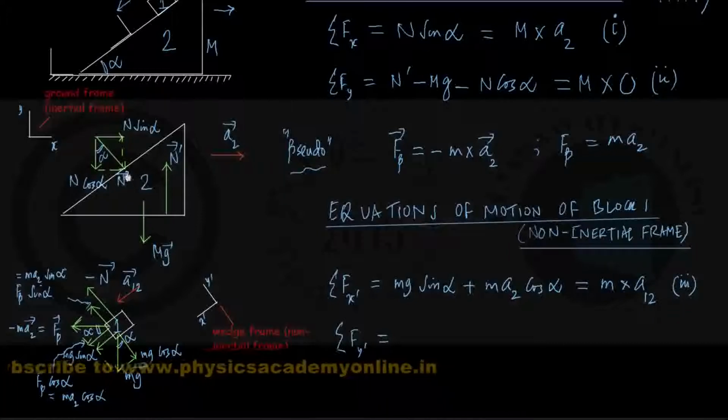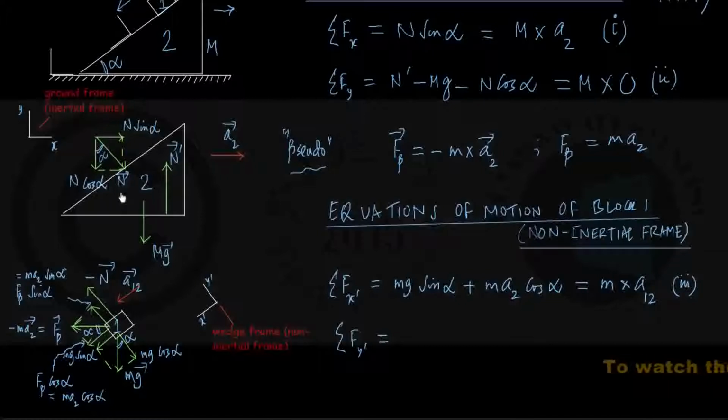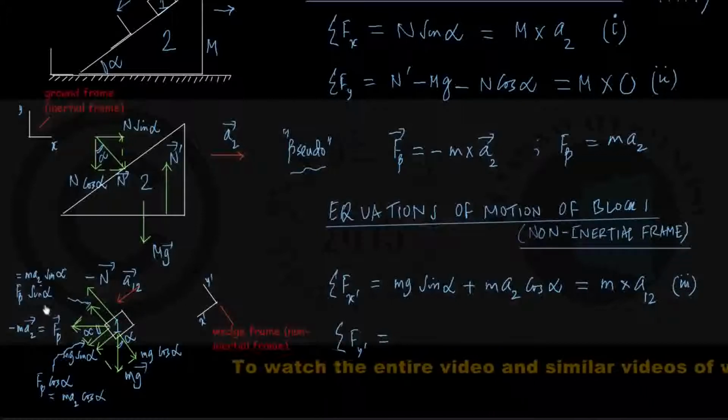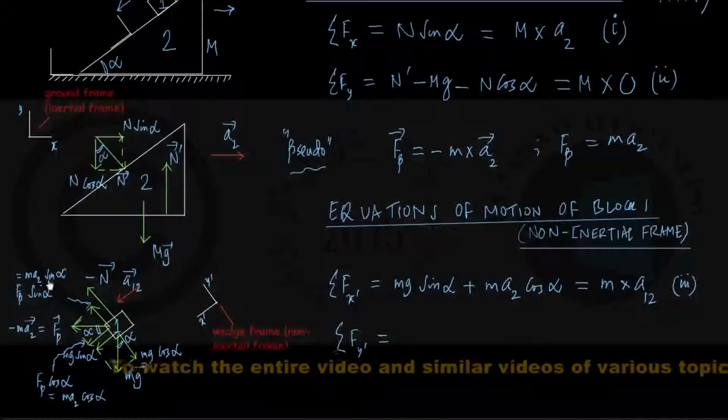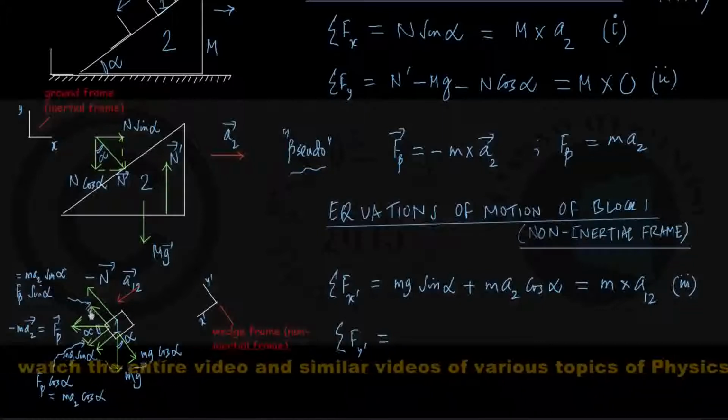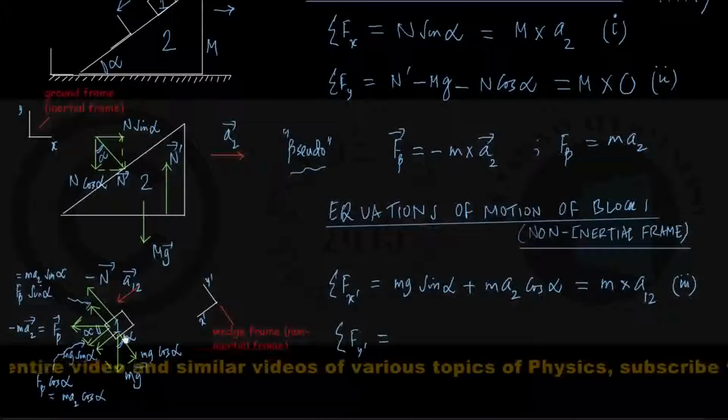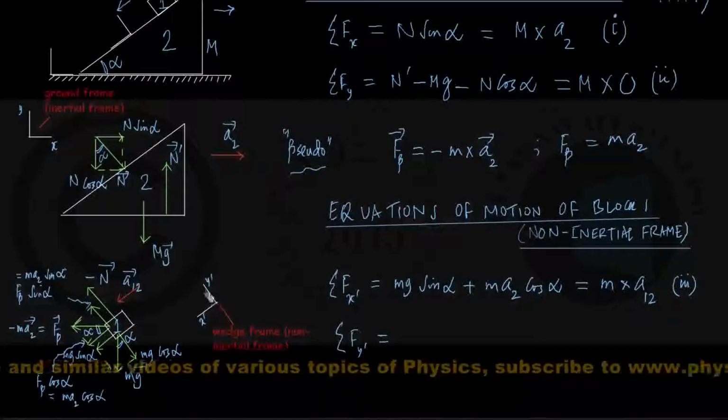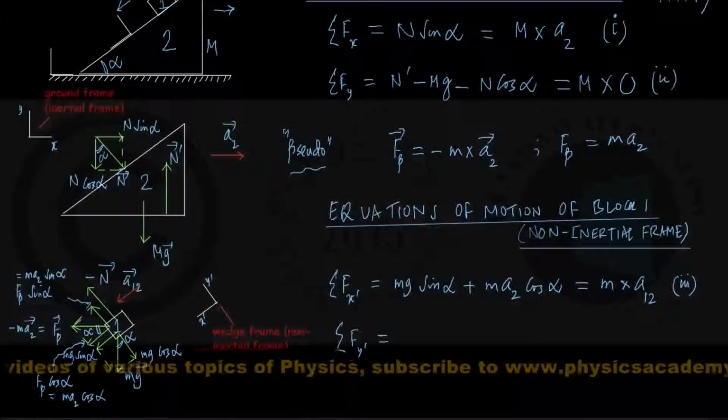We have shown when the force is applied by the block 1 onto the wedge, we call this force as N, and minus N being reaction of that, equal and opposite, I have put the minus sign, but you understand that both N and minus N have the same magnitude, that is simply N in scalar notation. So that's in the positive y dash direction. The other force in positive y dash direction is the sine component of the pseudo force, that is ma2 sine alpha, while the cos component of gravity force mg cos alpha is acting in the minus y dash direction.